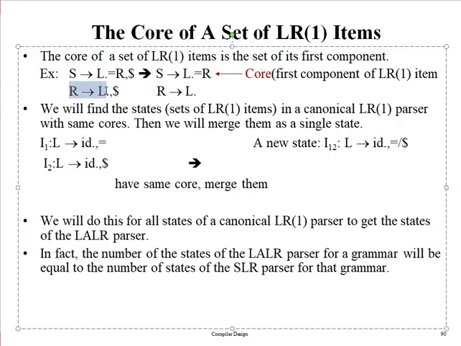To merge items, let's say we have I1, L derives ID, with the parameter equal sign, and I2, L derives ID, with the parameter dollar sign. In LR1 items, those two items are considered different because of their parameter difference.